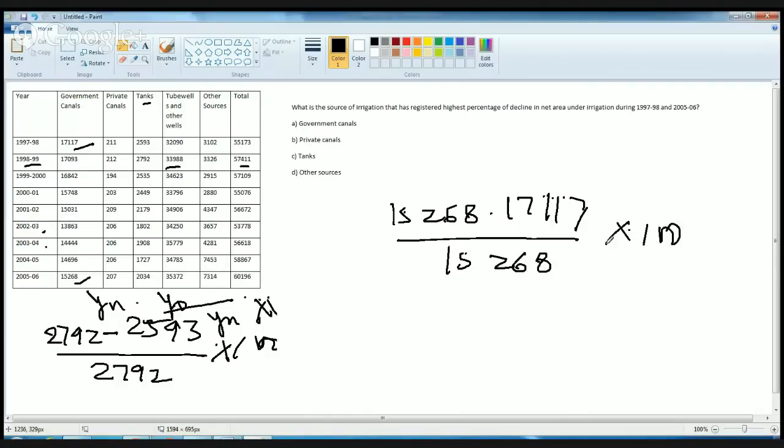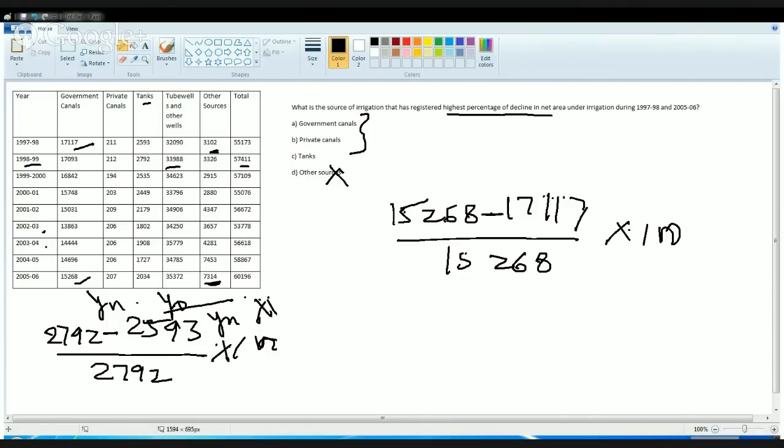So it would be a negative value, which would be very useful. Okay. So the next case is private canals, is again negative. Then you have tanks. In the case of tanks, it's negative, and other sources, it is positive, because this value is higher than this value. So this cannot be the answer. Since we are talking about the highest percentage of decline, we have to take these three values, solve that, and see which comes the highest. So this is the direct method of solving the questions on data interpretation.